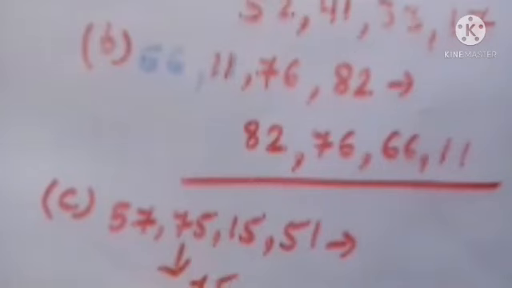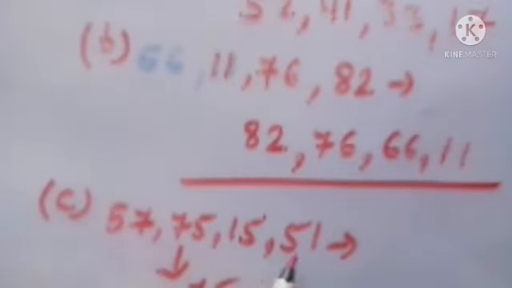Then 57. Then 51. And in the last, the smallest digit is 15. Like this we can arrange in descending order.